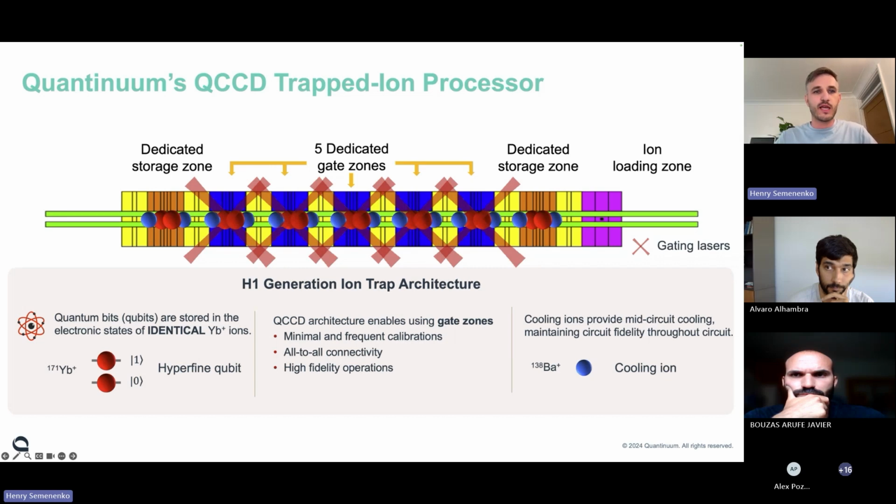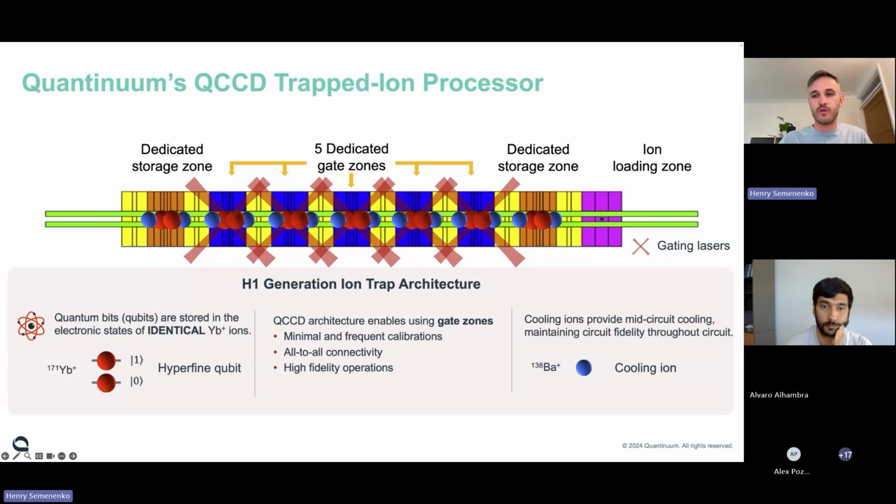The different zones in our architecture are, first, the purple zone on the right, which is ion loading. This is where we load our neutral atoms, ionize them, and then trap them in the processor. The two orange zones at either end are where we can store ions, perhaps qubits that aren't being used in a particular round of computation, away from the gating operations.